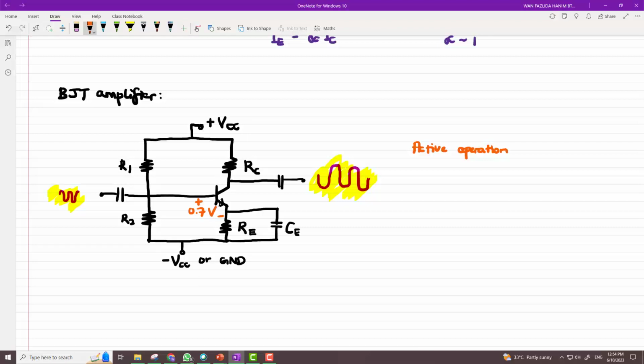But when you do AC analysis, you're actually analyzing how the input signal here is amplified to become an output signal that is larger.